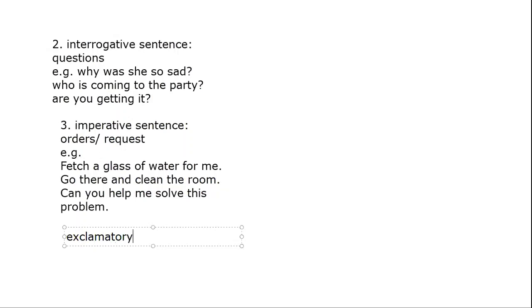Now, exclamatory sentences, they convey strong emotions. They express strong emotions. Okay, strong emotions are expressed.